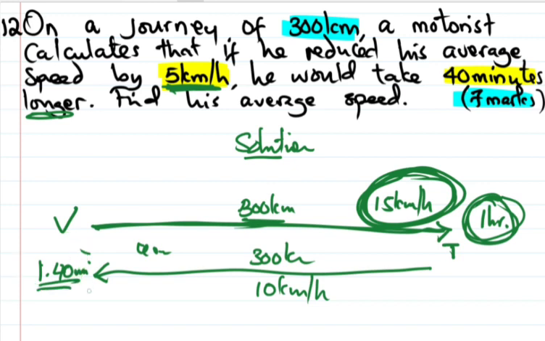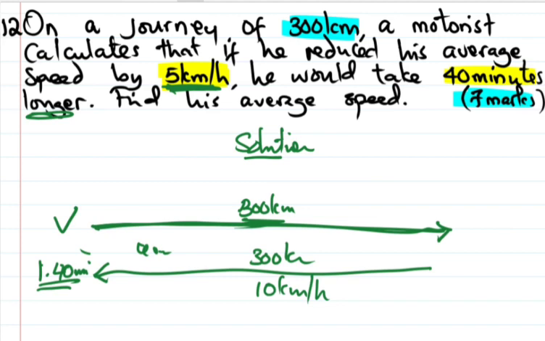do this. We don't know the average speed, and we don't know the time taken. Distance is the same, 300 kilometers from village to town. He was traveling at a particular speed. So let's say that particular speed is x.